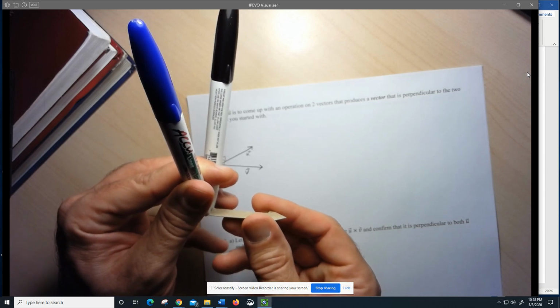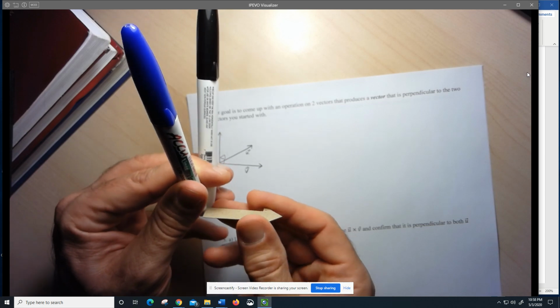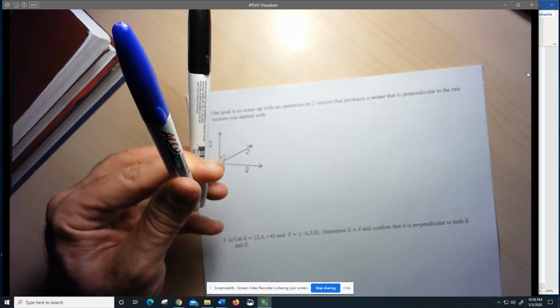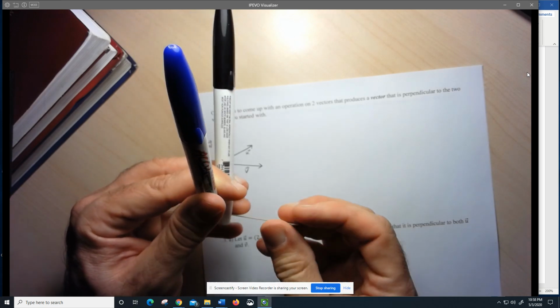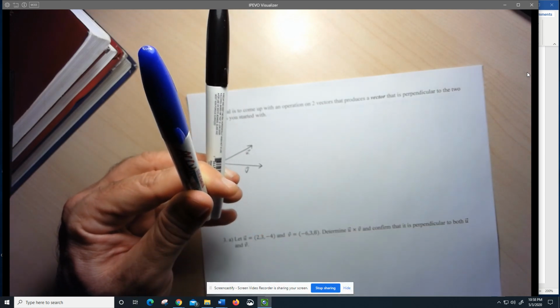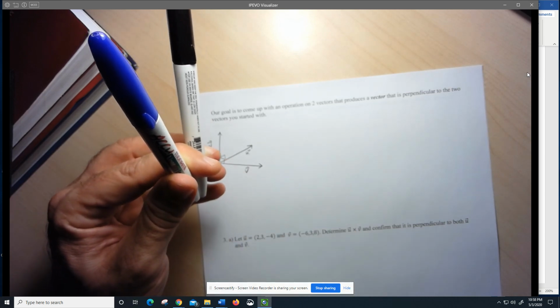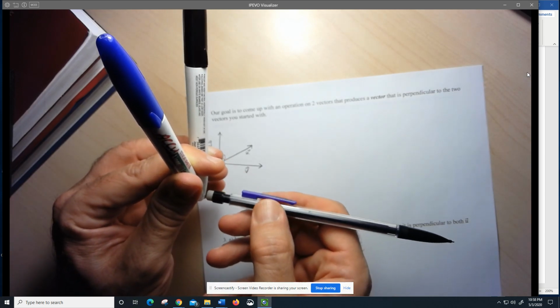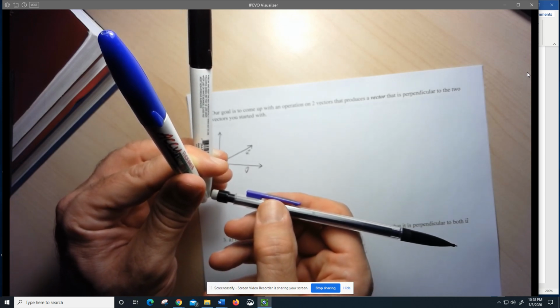Now, one thing I hope you notice is that this is not going to be one unique vector, because if I take a vector that's longer but in the same direction, well, that's also perpendicular to both vectors. If I take an even longer vector that's in the same direction as that original one that I showed you, it's also perpendicular to both vectors.